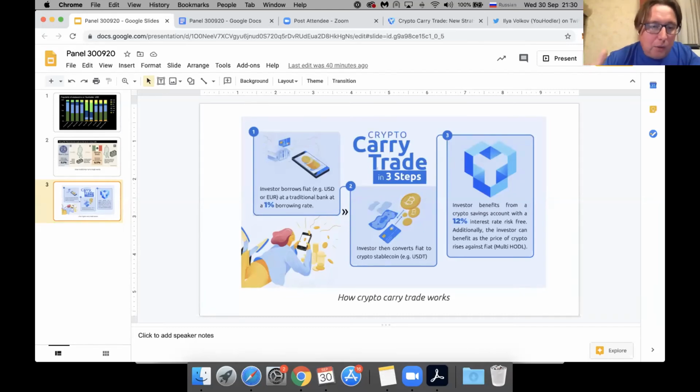Many exchanges offer nice depositing rates for stable coins in order to fund their trading operations, margin trading operations. Users can benefit from, I would say, 5 to 12% annually on their stable coins. It's just a crypto carry trade, the same strategy that came from the traditional world to the crypto industry. So it's just one of the possible use cases.